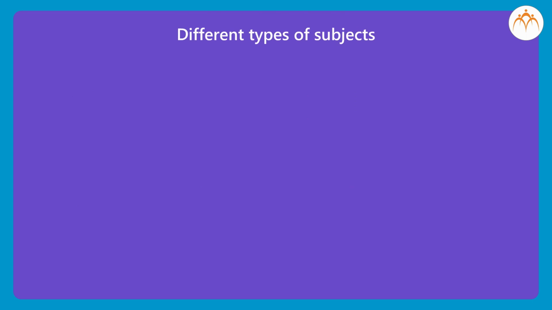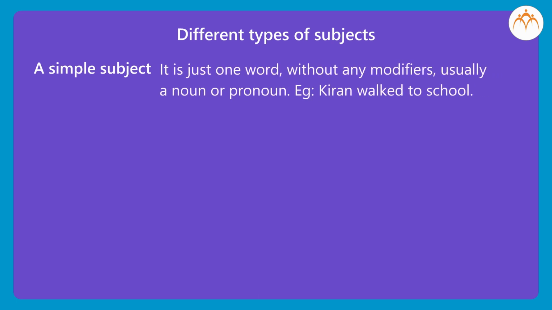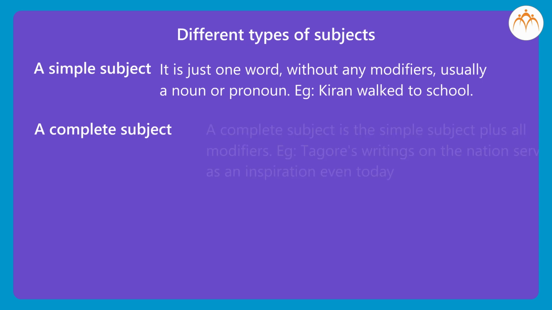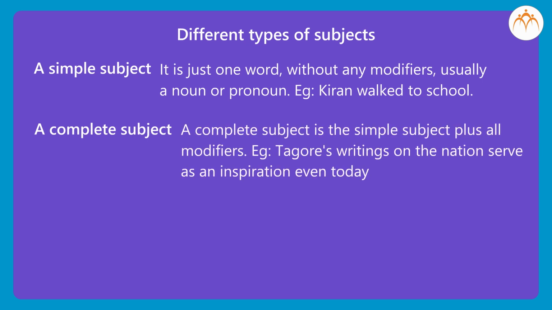There are different types of subjects. A simple subject. It is just one word without any modifiers, usually a noun or a pronoun. Example, Kiran walked to school. A complete subject. A complete subject is the simple subject plus all modifiers.